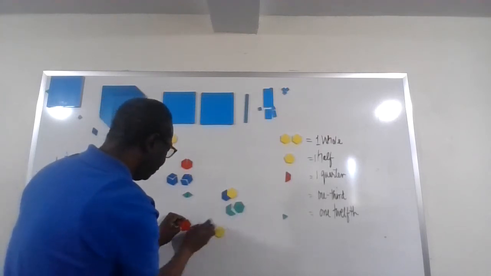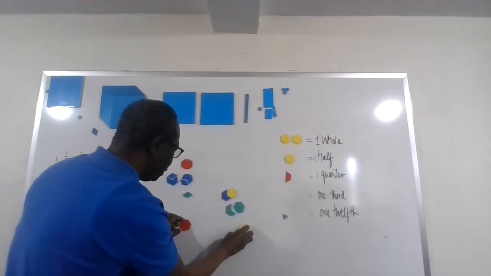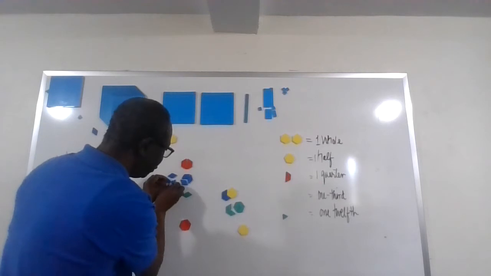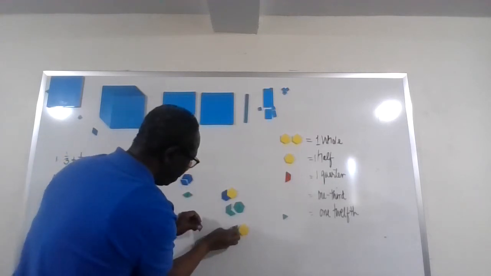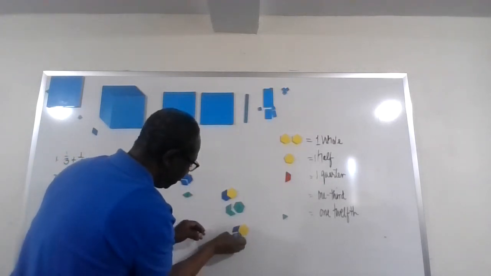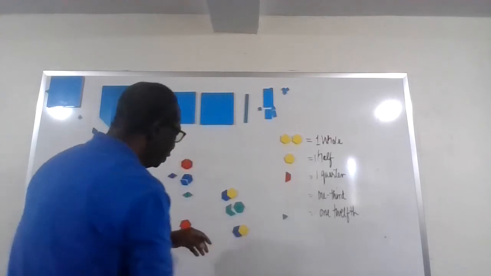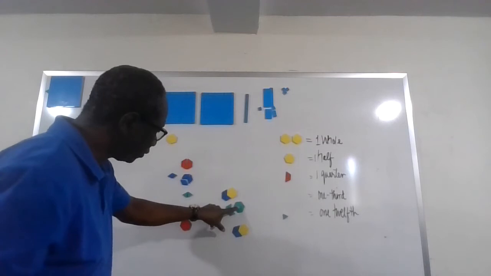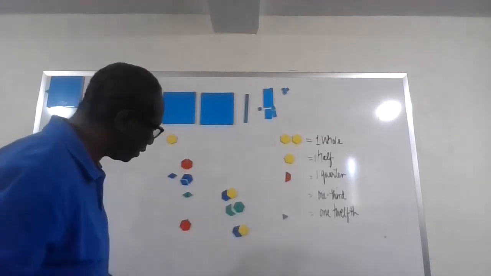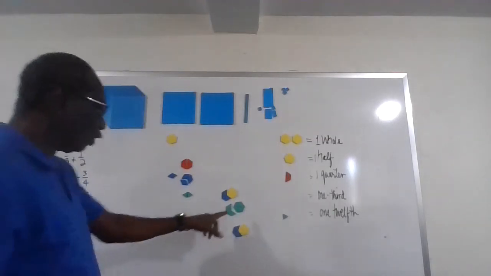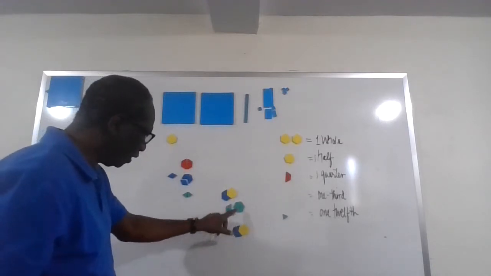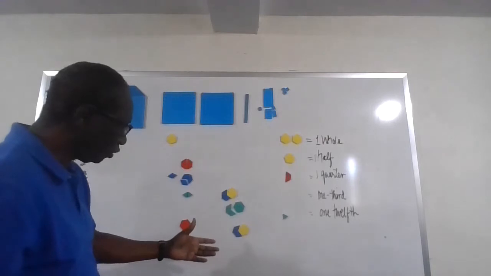Okay, so we have, that would be that, and we can take 2 of these. Okay, so we're looking for equivalence. You can see clearly that this arrangement is equivalent to that, but we know that this is 5/6. But what is this? Well, it's the same representation.